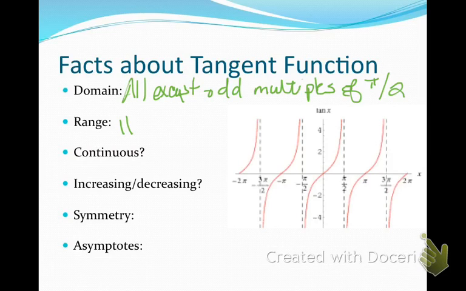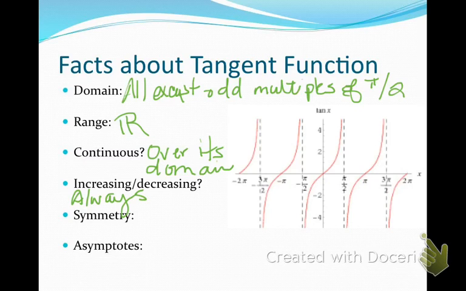The range is nicer though, that's all real values. We would only say that tangent is continuous when we look at the domain. So we would say it's continuous over its domain. Seems like cheating to me. It's always increasing. There's never a point when the graph starts going from a high value down to a low value.